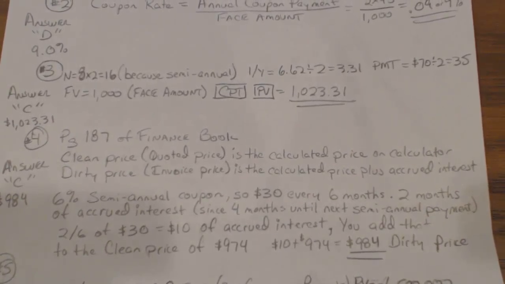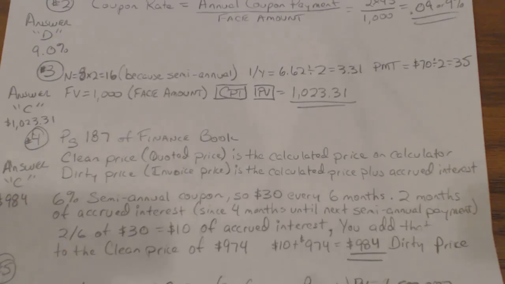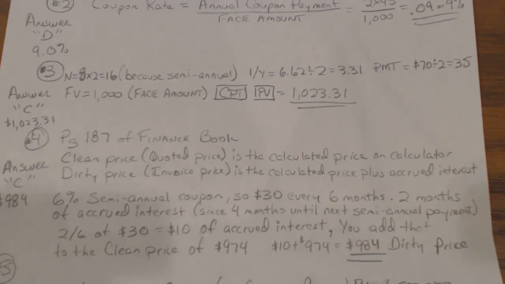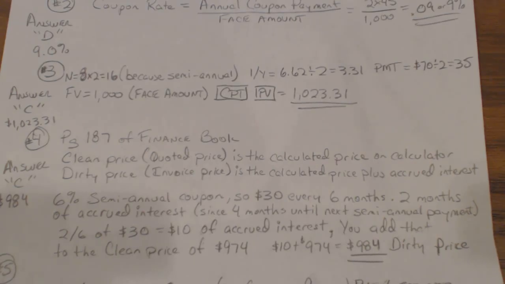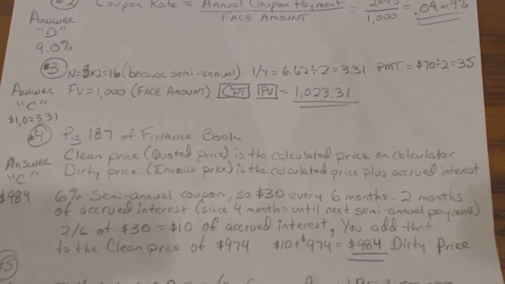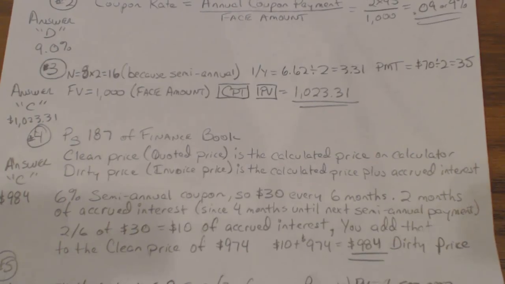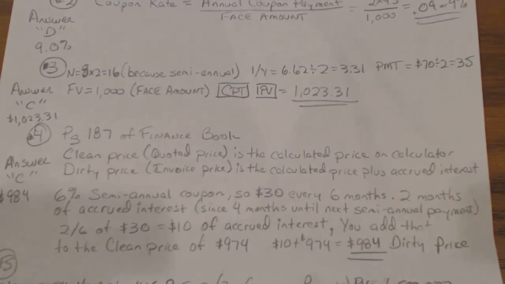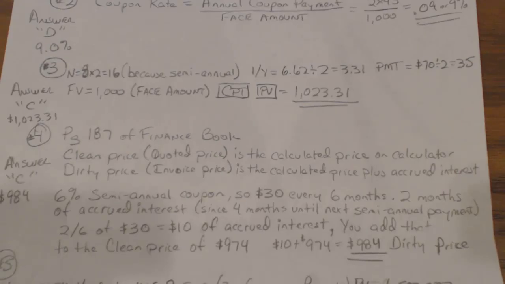The dirty price is the clean price plus whatever accrued interest. If the interest is paid every 6 months, and the bond has 2 months of accrued interest on it, you have to add that to the clean price, and that gets you the dirty price.